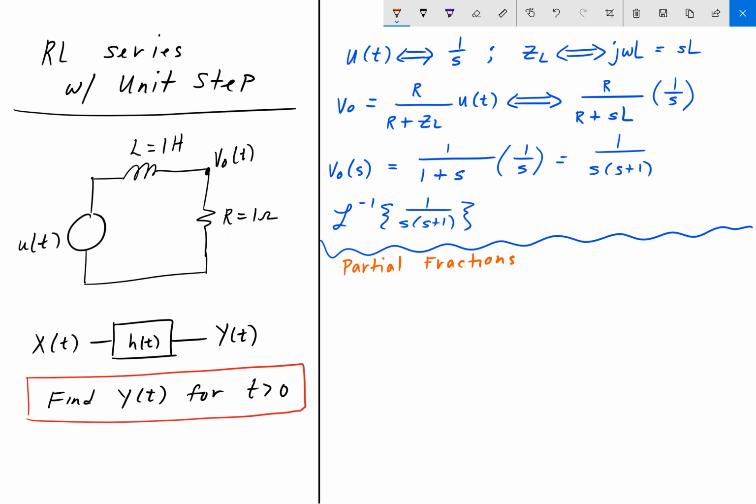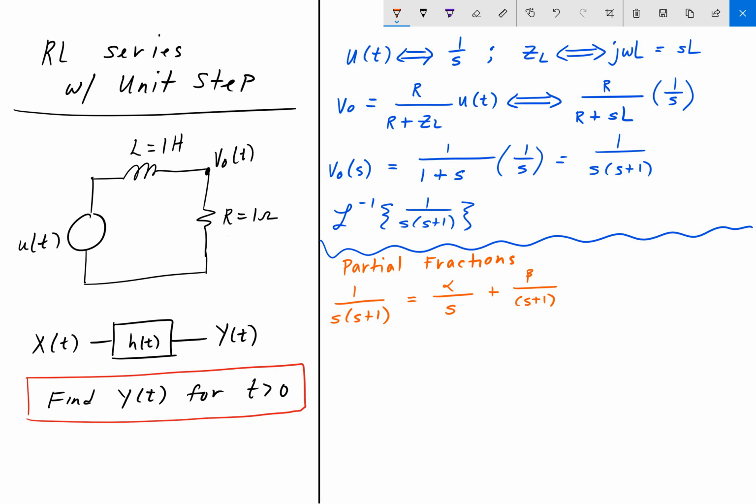And so 1 over s plus 1 times s can be broken down into two parts: some alpha over s plus some beta over s plus 1.